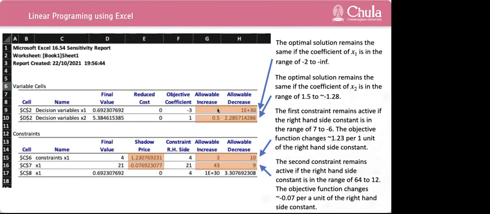So the allowable increase is 1. That means we can change the objective coefficient from -3 to -3 plus 1 without disturbing the solution. And the allowable decrease is infinity, that means you can subtract by infinity without disturbing the solution.